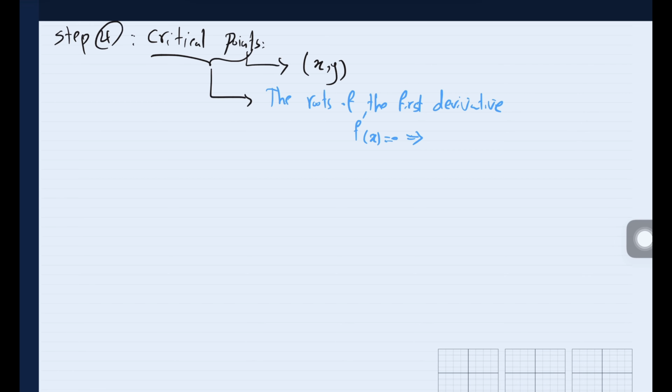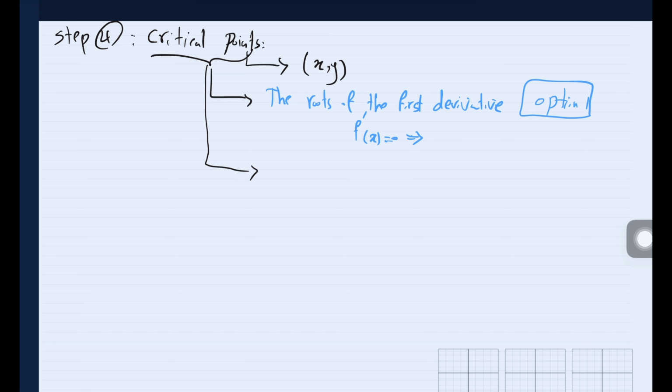However, the sign of the derivative before and after those points must change. So this is one of the options to find critical points. I call this option 1. I also have another option to find critical points.